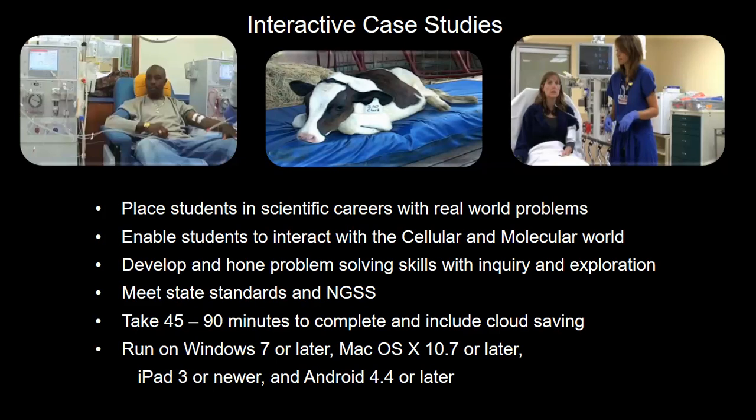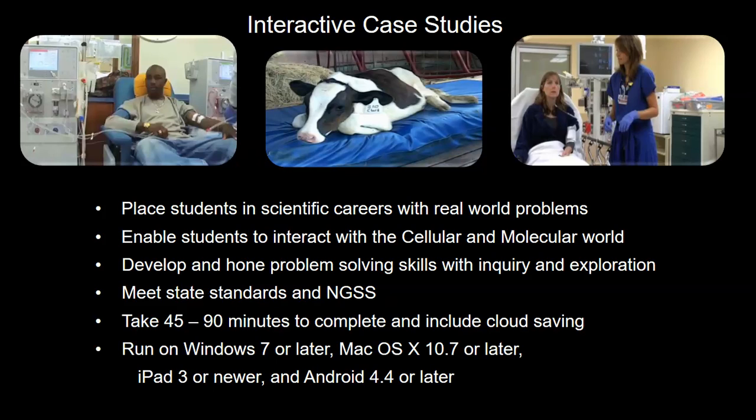Now, as far as the time it takes to complete a case study, that's going to depend entirely on the level of your students and the level of the case study that you have chosen. It can take anywhere from about 45 minutes up to 90 minutes, depending on if you've picked one of our very advanced cases or more of our introductory case studies. We do have a variety of levels to help you differentiate with your students. They also all have cloud saving.